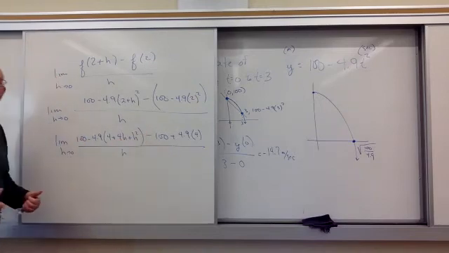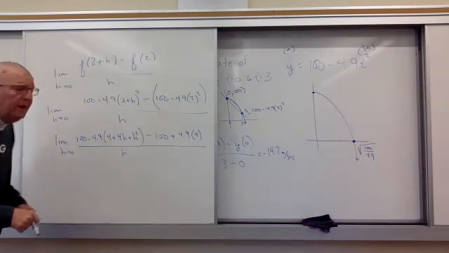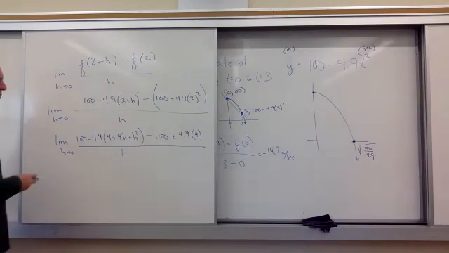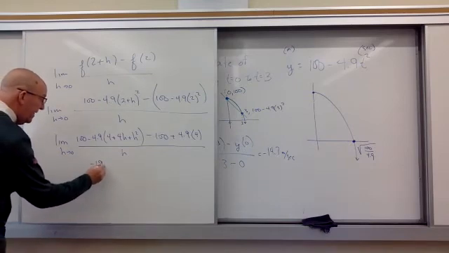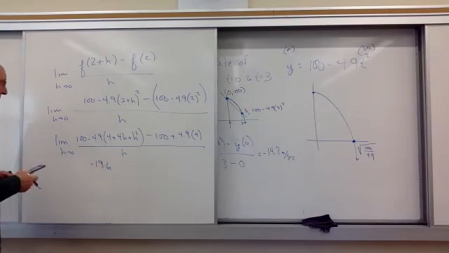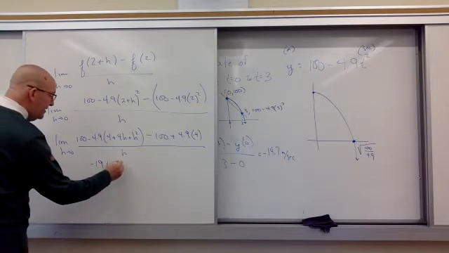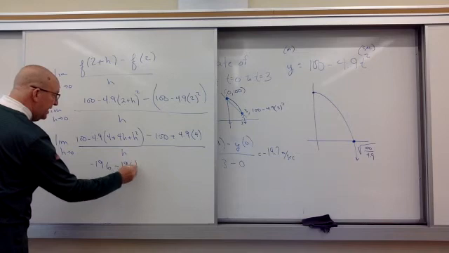There's 100 minus 100. Throw that away, right? Now, let's try to work this out. Negative 4.9 times 4, negative 19.6. Negative 4.9 times 4h, minus 19.6h.